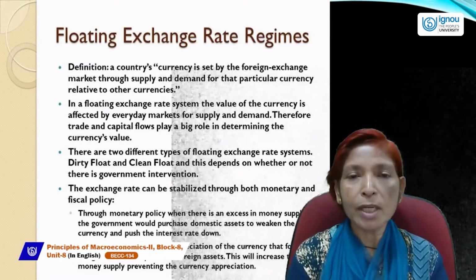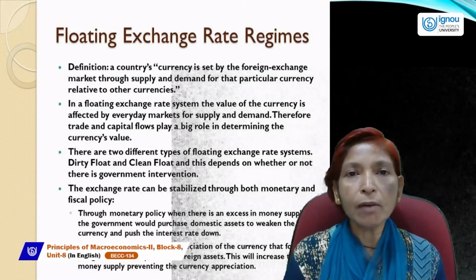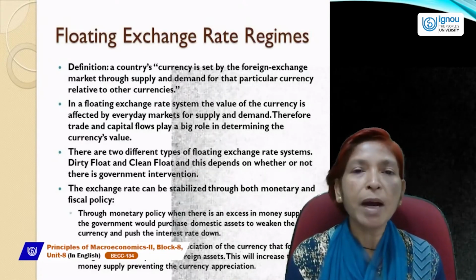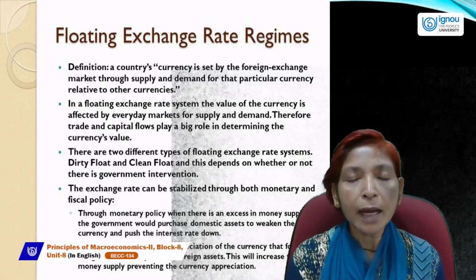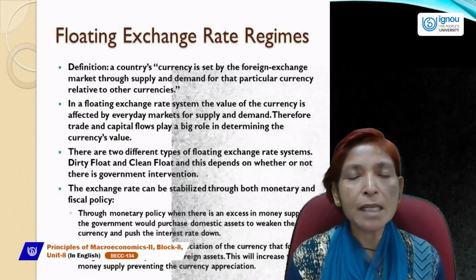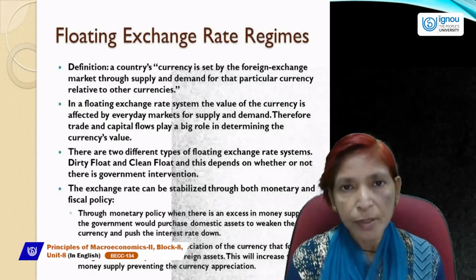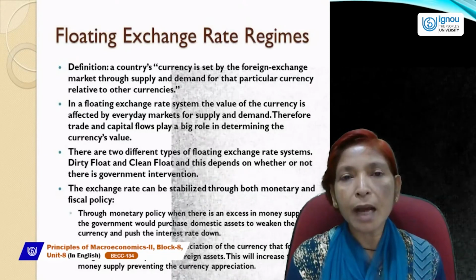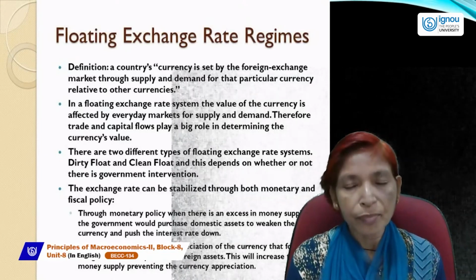In a floating exchange rate system, the value of a currency is affected by the everyday market for supply and demand. This system is also known as the price mechanism system, and the price mechanism system exists in capitalist economies.